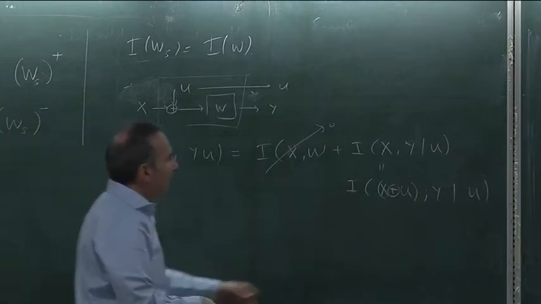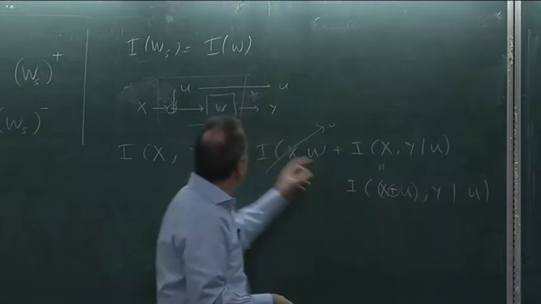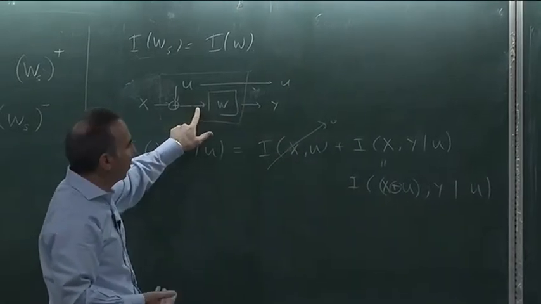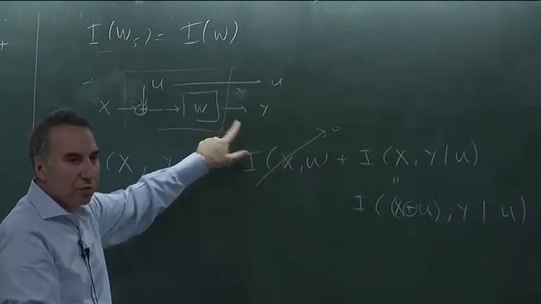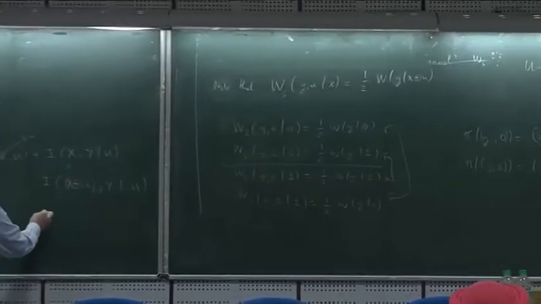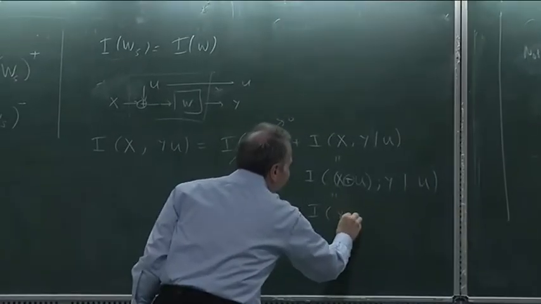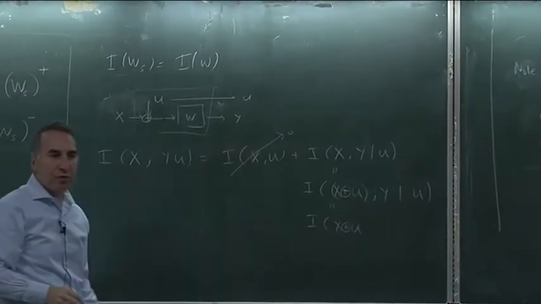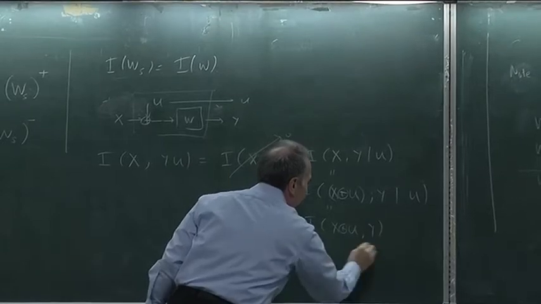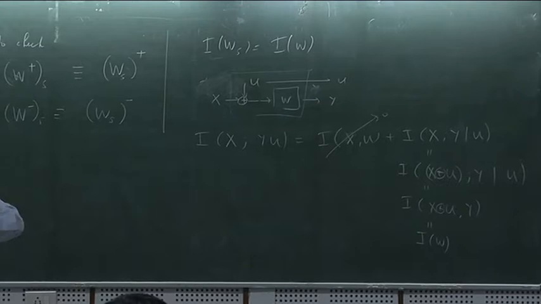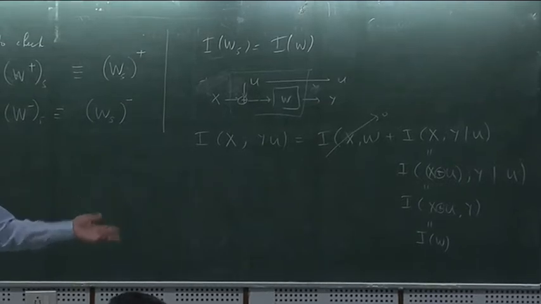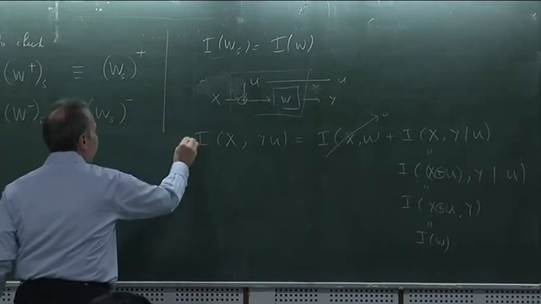And then you can check that in this particular case, the channel input X plus U to the channel W and the output Y is independent of U. There's no dependence between these two things. So you can drop the U. This is equal to I of X plus U, which is being fed to the W channel, and Y, and this is the definition of I of W, the mutual information between the input and the output of the W channel when the input has uniform distribution. Okay. All right. Good. So this is I of W_S.